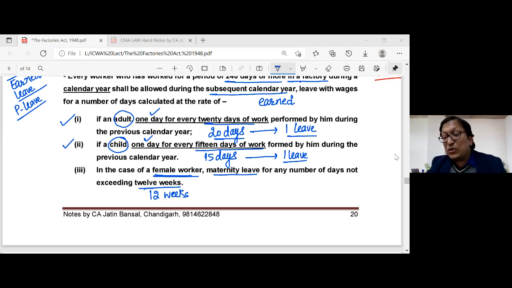So I think you can tick C here, but practically the answer should be below 18, because if a person completes 18 years of age, then that person becomes an adult.